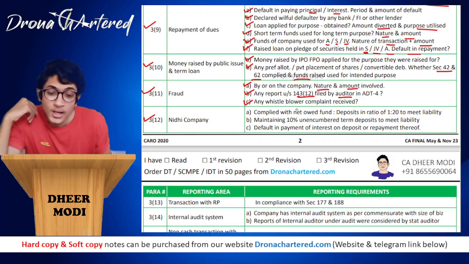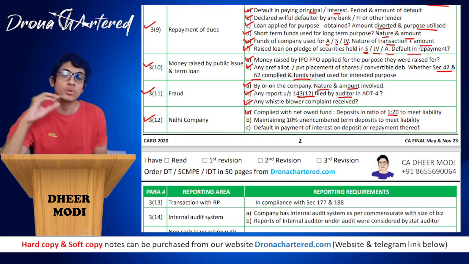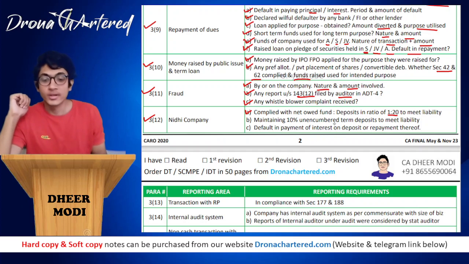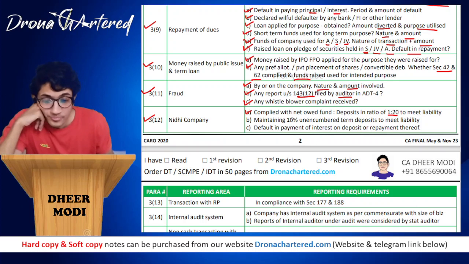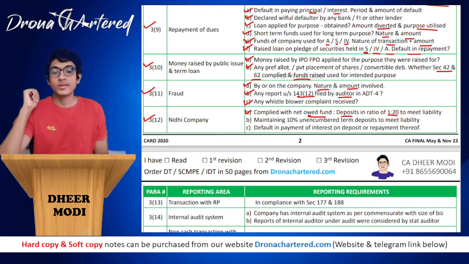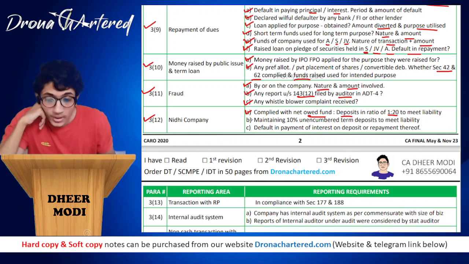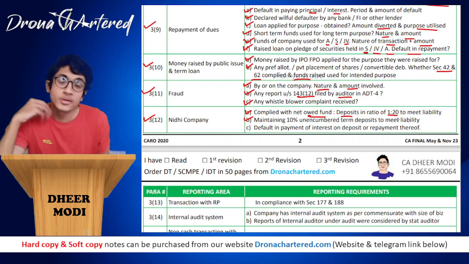So Nidhi company, whether they have complied with the net owned funds, that is deposits in the ratio of 1 is to 20 to meet liabilities. So your deposit to liability should be in the ratio of 1 is to 20. That is your net owned funds to deposit should be in the ratio of 1 is to 20. Okay. Next is maintaining 10% unencumbered term deposits to meet liability.